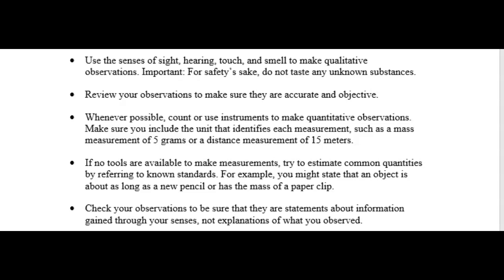Fourth bullet point, if no tools are available to make measurements, try to estimate common quantities by referring to known standards. For example, you could state that an object is about as long as a new pencil, or has the mass of a paperclip, or, using what we learned last week, your thumb joint is about an inch long.